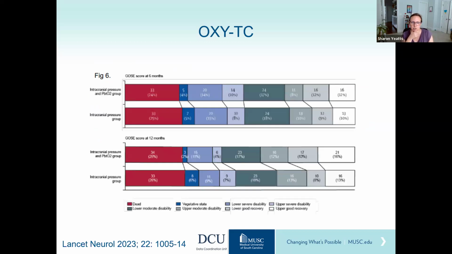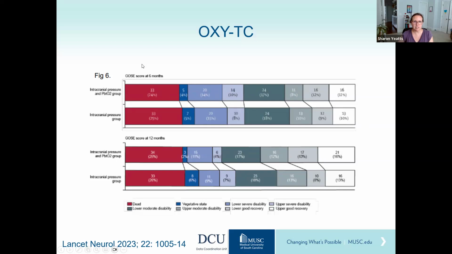And the results that were shown in Lancet Neurology, on the top here, the GOSE score at 6 months, the top row in this graph, we refer to them as grotto bars, is the combined arm, and the lower is the ICP only arm. And 1 to 4 is here.